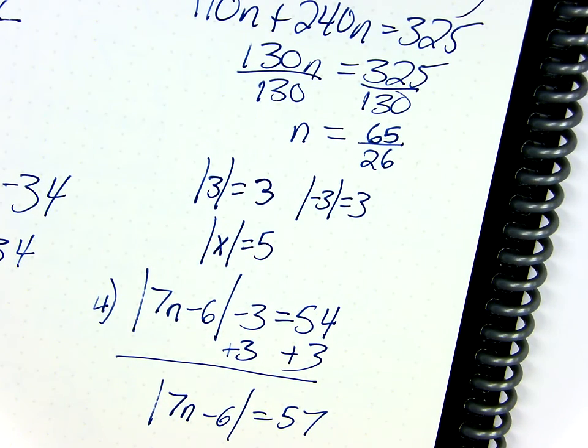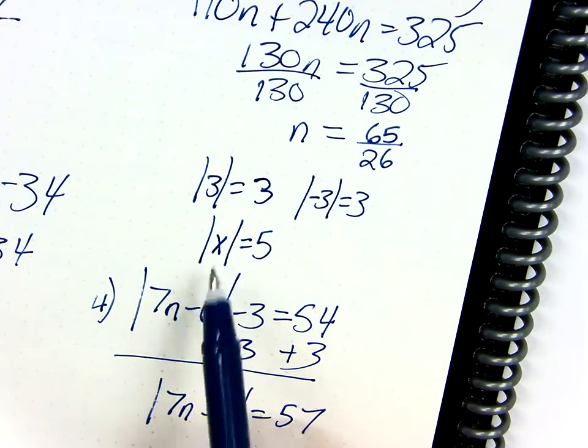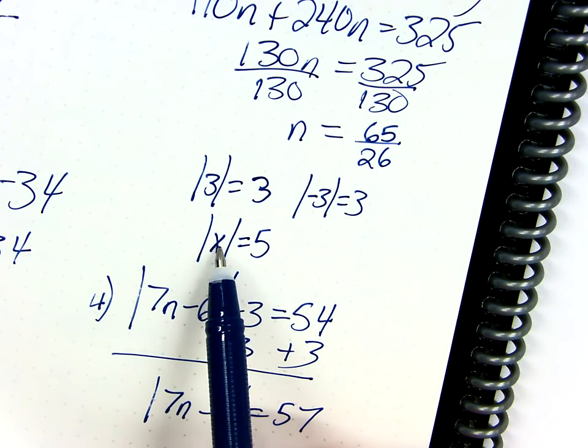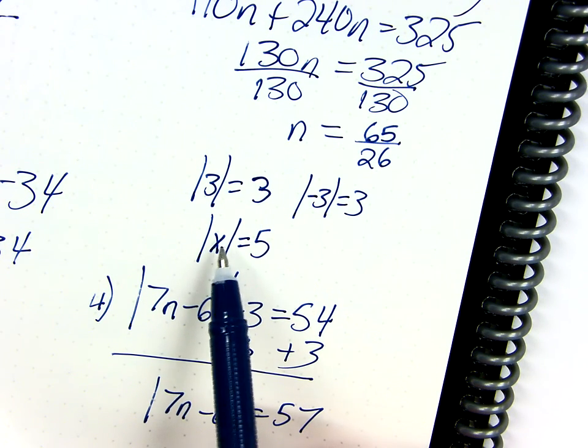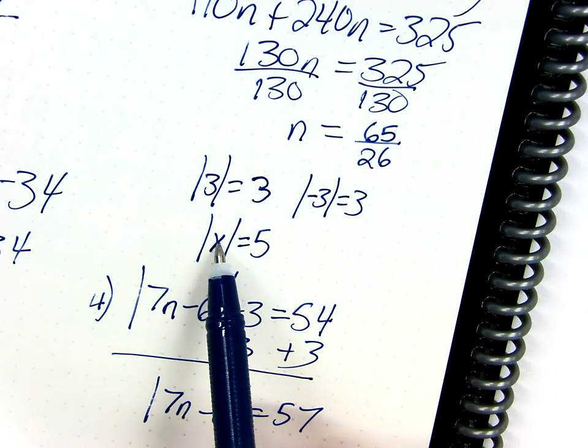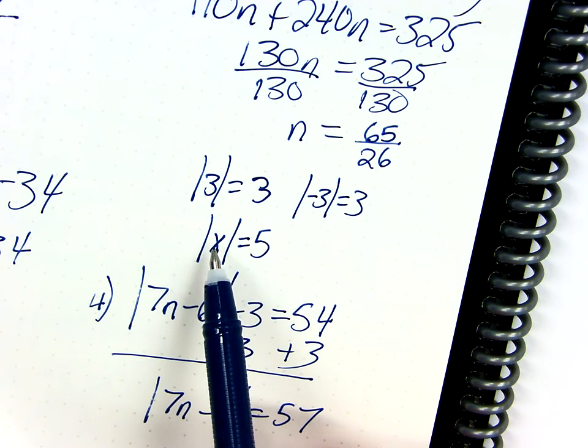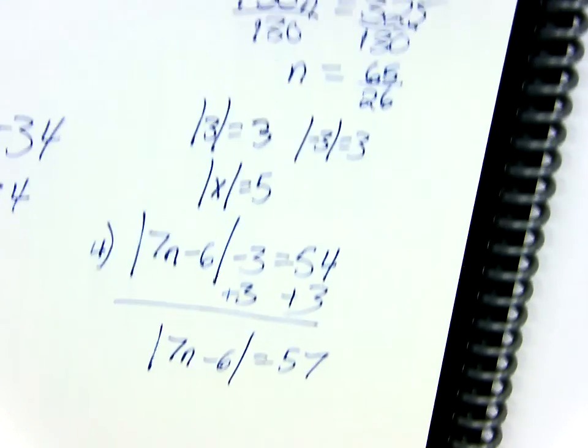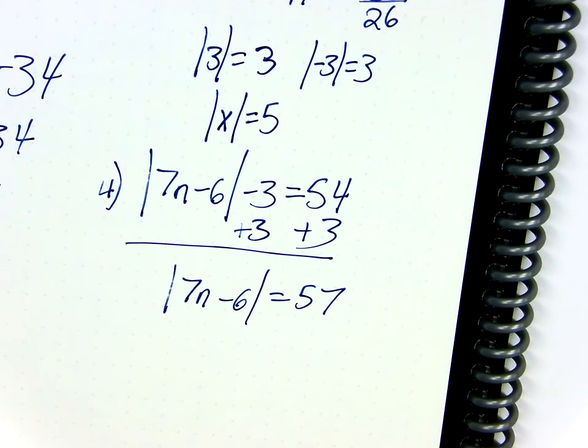Well, yeah, x could have been 5 or negative 5 to make that true. So because I could have a positive 5 in there or a negative 5 in there, that's where this second answer comes from, because whatever's in here could equal negative 5 to make it true.